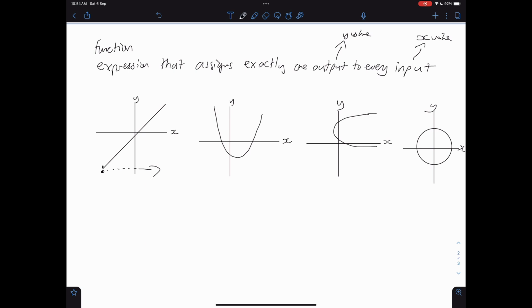For example, say this is 2x minus 1. It's very clear and obvious that, say here at minus 5, there can only be one answer. So it is a function.